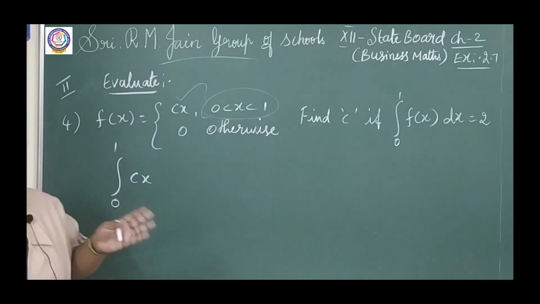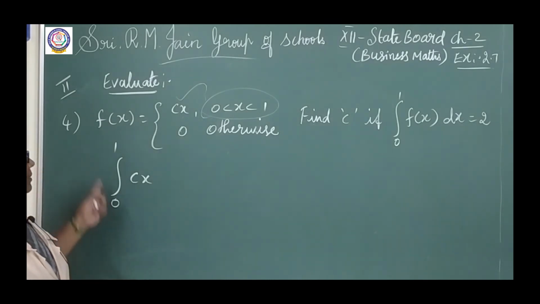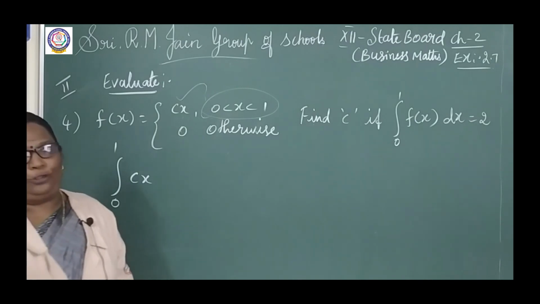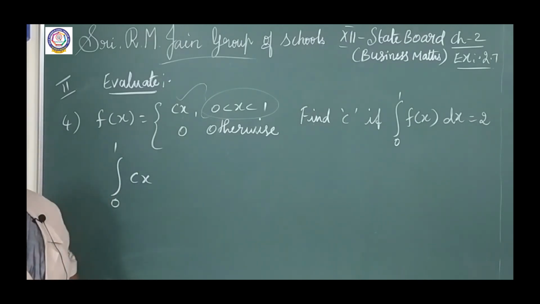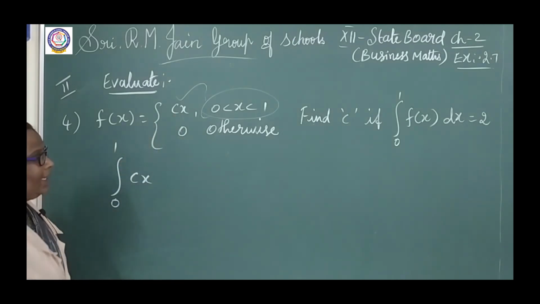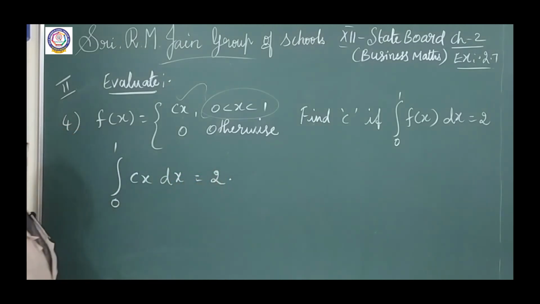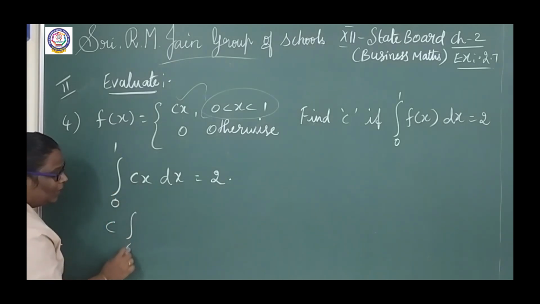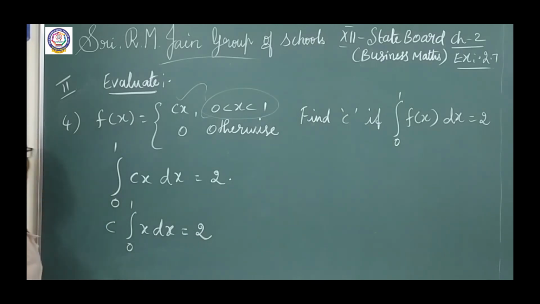It is an open interval, not a closed interval, but you can substitute the value 0 to 1, approaching 0 and approaching 1. So, integral 0 to 1 of cx dx equals 2. c is constant, you can take it out: c times integral 0 to 1 of x dx equals 2.